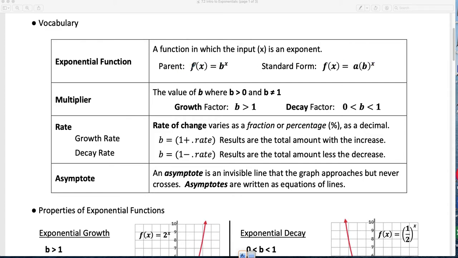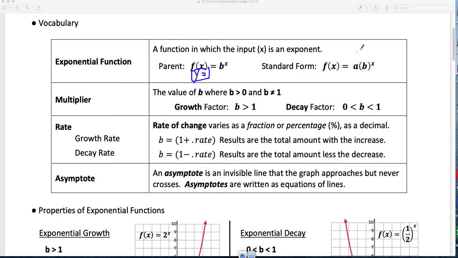The parent is f of x equals b to the x, which is interesting because I've got a b right here, which means I can't change this to a y and put this in my calculator to graph it, because I can't graph it unless I have a number as a value for b. We're going to be dealing mostly with standard form. So what's the difference?